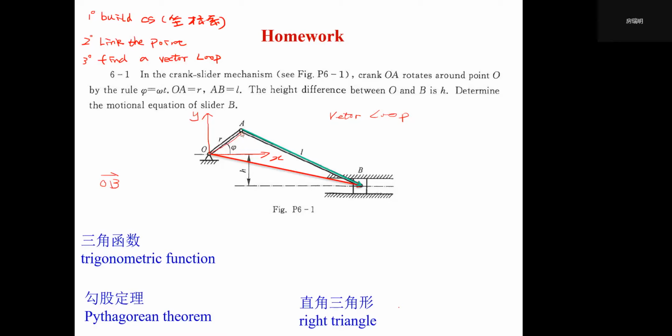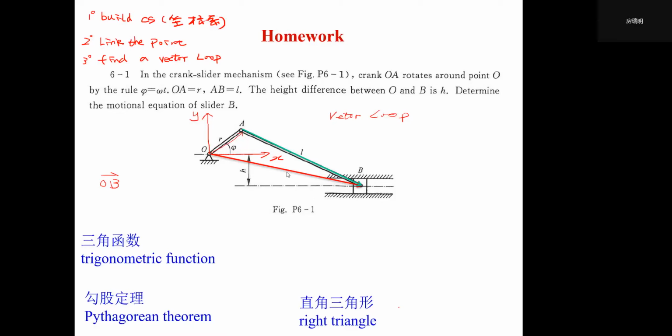Actually, you guys can see that slider B will always move along this horizontal line, right? In other words, this dashed straight horizontal line can be used to denote the path or trajectory of this point B, right?